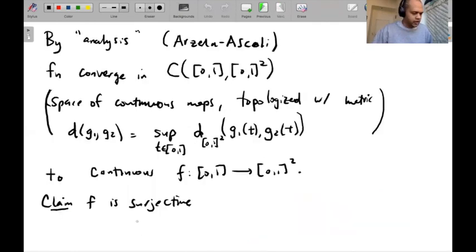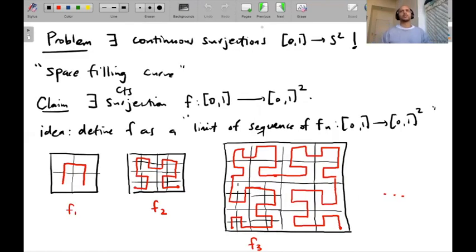So let me finish this argument. So the reason is, well, first of all, the image of F is dense, which follows from the convergence. Since these FNs fill out more and more of the disk.